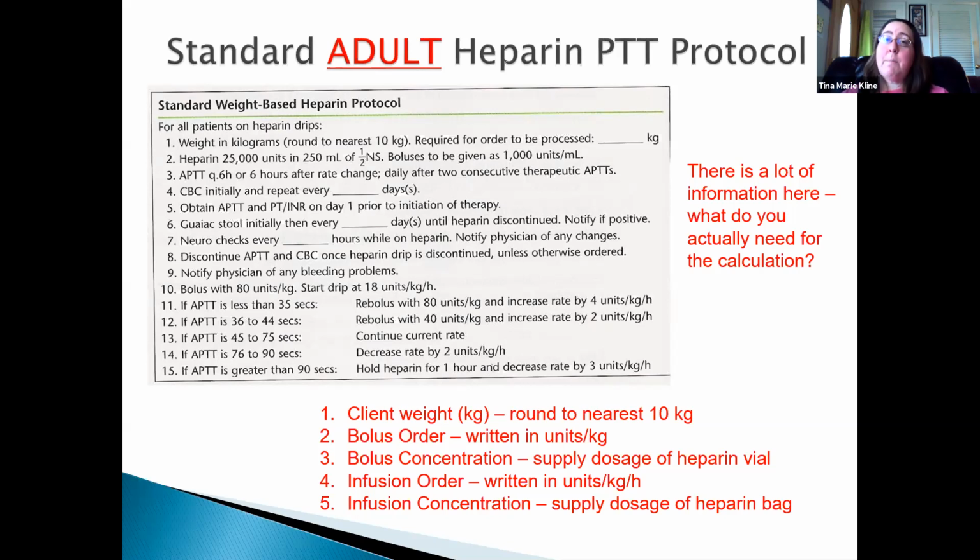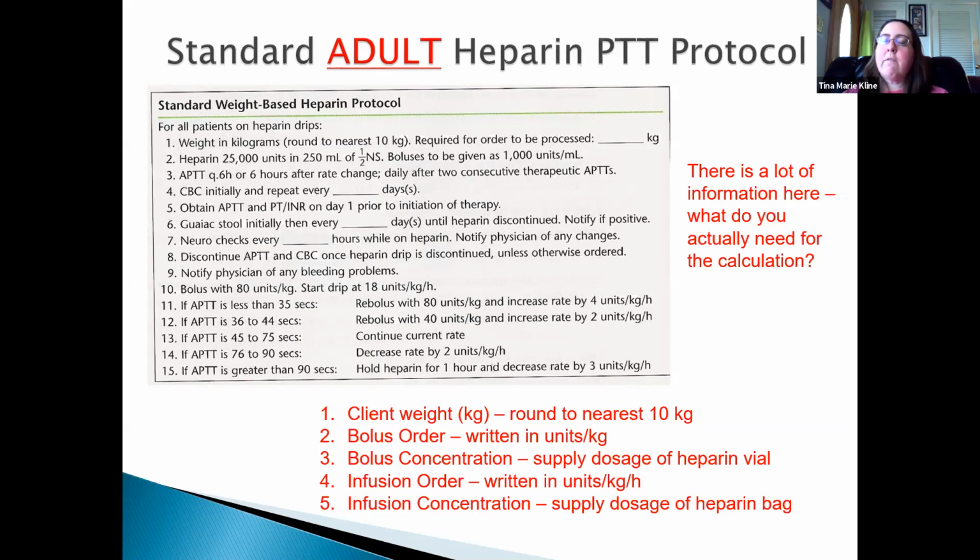You also need to know, depending on what your problem is, are you doing a bolus or are you doing an infusion, okay? So in number 2, in the protocol, it says heparin 25,000 units in 250 milliliters of half normal saline. Bolus is to be given as 1,000 units per milliliter. Those are your concentrations.